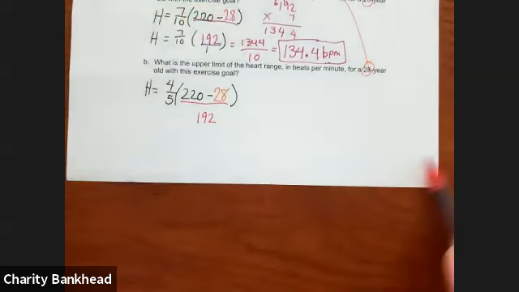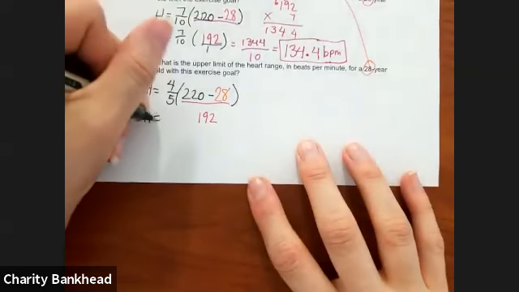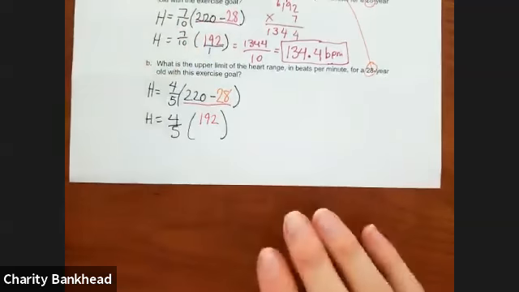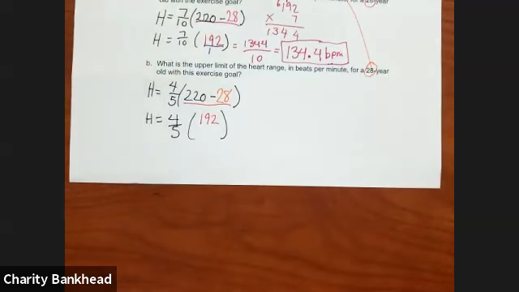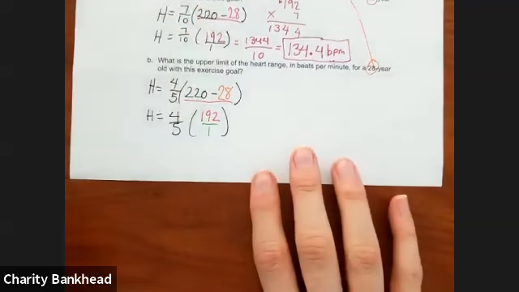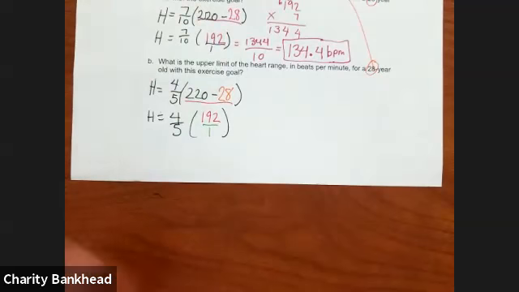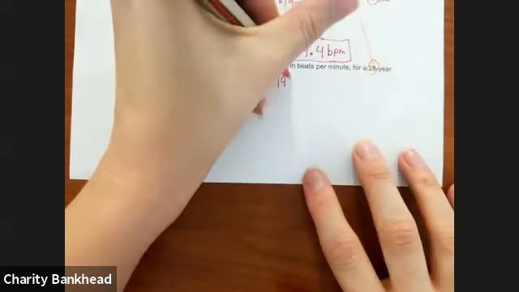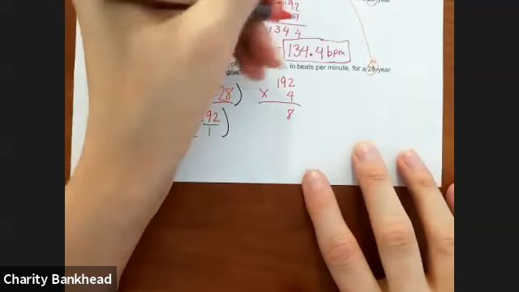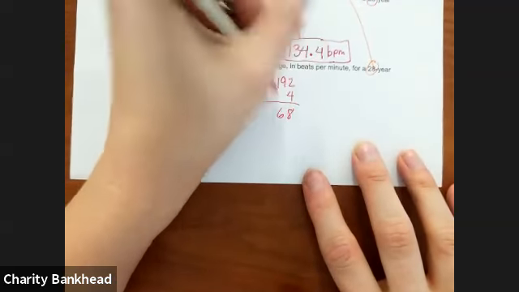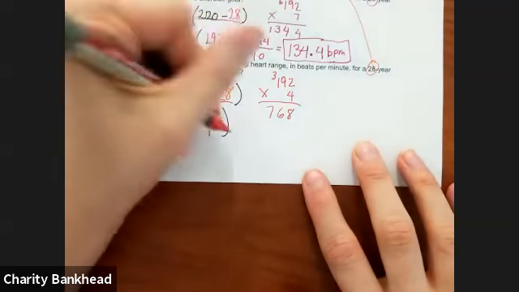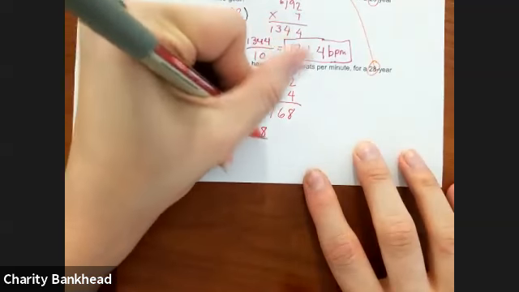And we need to do 4/5 times 192, which is the same thing as 192 over 1. Okay, so 4 times 192 is 768. So we have 768 over 5.